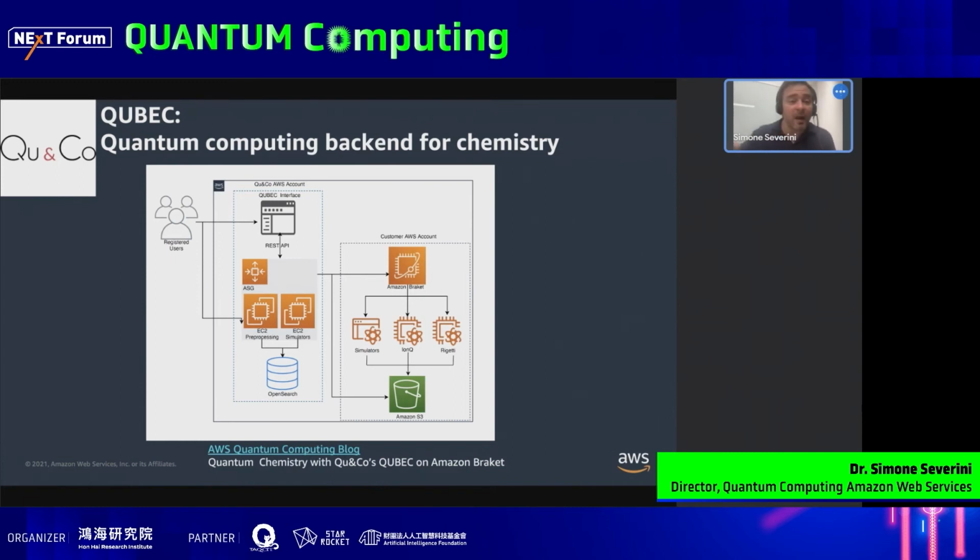You see that Amazon Braket is a detail in this architecture diagram because they use other services like Amazon Elastic Container Service and Amazon Auto Scaling Group.